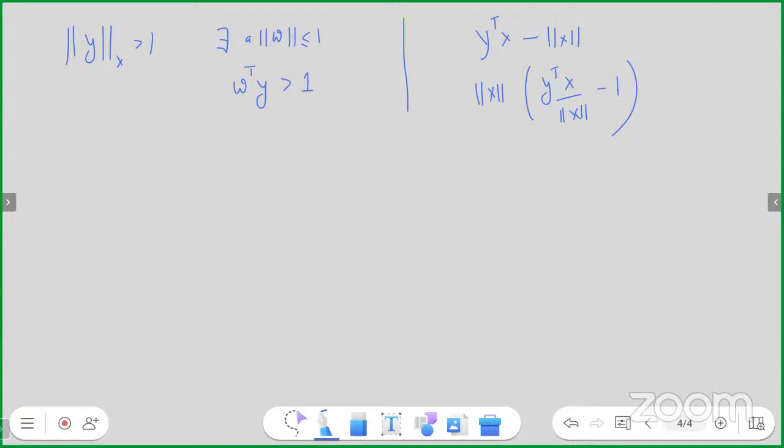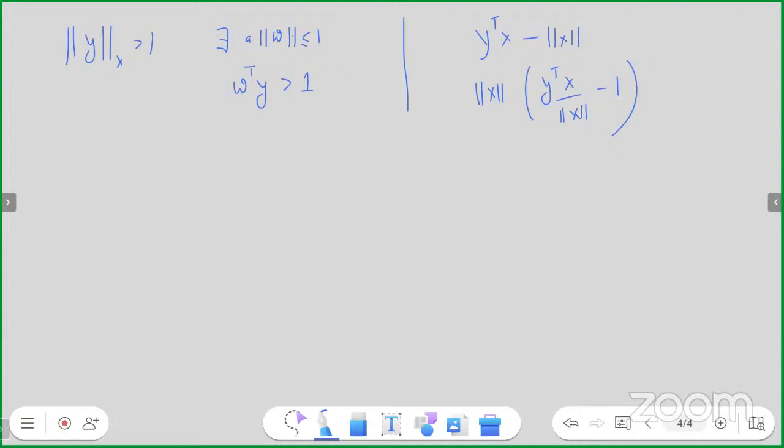Can you give the punchline? Somehow you're saying that the thing in the bracket is greater than zero. But you can't take separate supremums, right? Either you tell me that there exists an x for which somehow this overall thing is growing. That's what you have to show me.